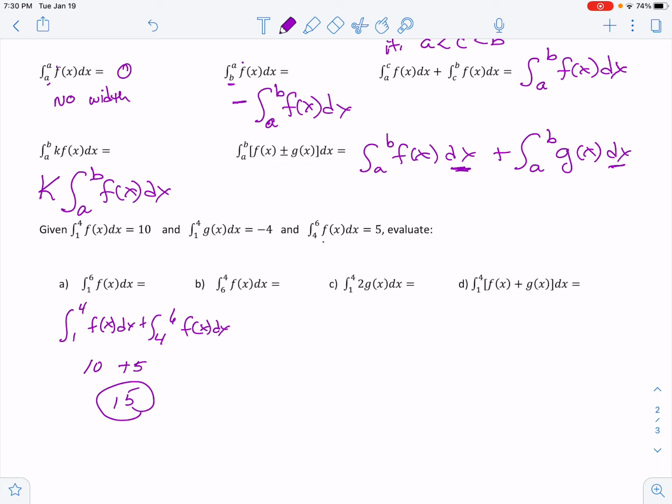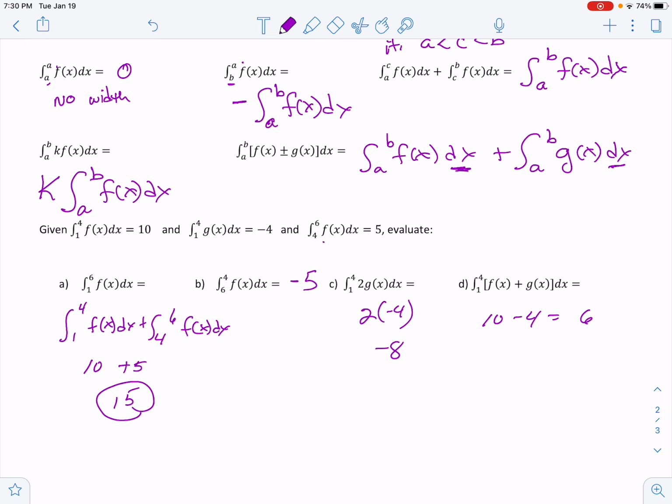Going from 6 to 4 means I'm going backwards, so it's negative, and you get negative 5. 1 to 4 of twice g, you just do 2 times negative 4 and get negative 8. Okay, and if I'm adding f and g from 1 to 4 together, you get 10 minus 4 and you get 6.